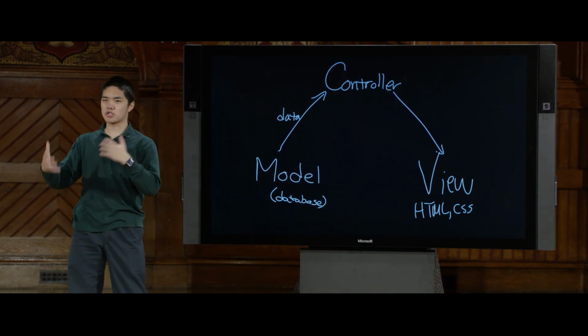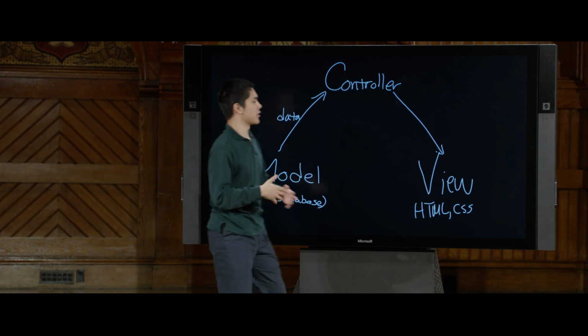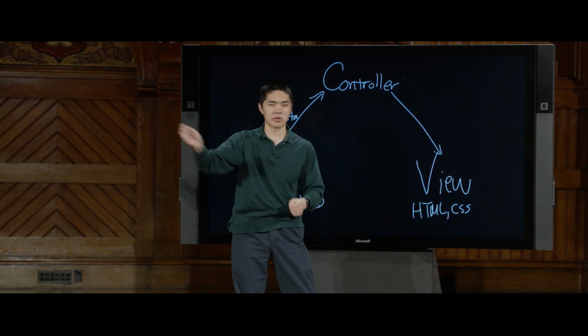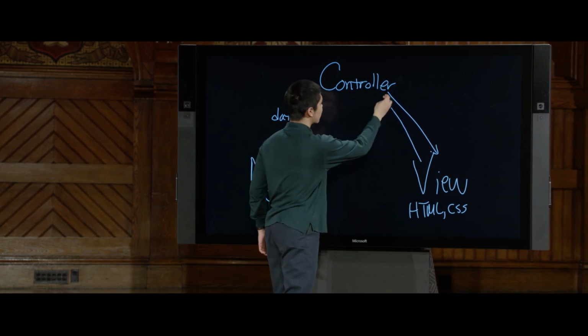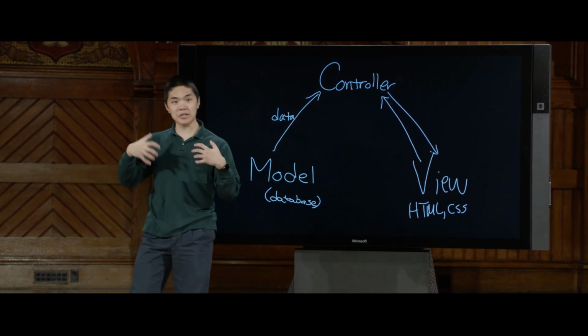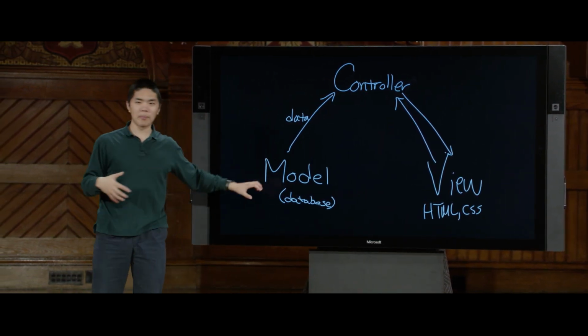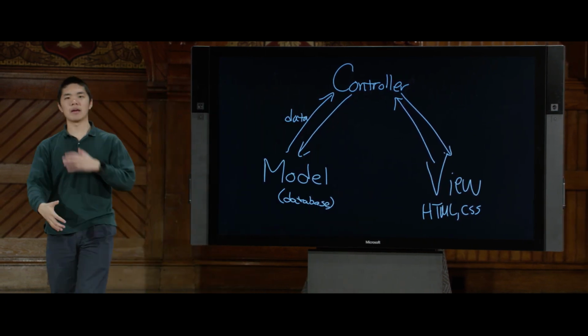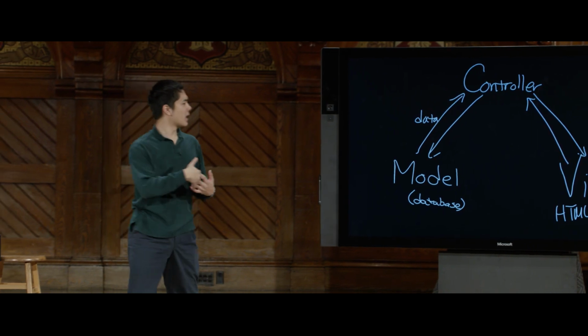And of course, these arrows don't just point in one direction. Maybe when the user submits a form, they're submitting some form to try and log in or look up a quote or try to buy a stock. They're submitting requests back to your web application, back to your controller. And if ever you need to update your database, your controller might be taking care of adding rows to the database, updating your model, so to speak.